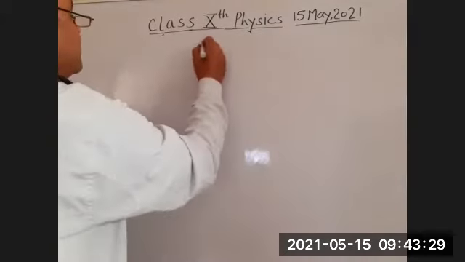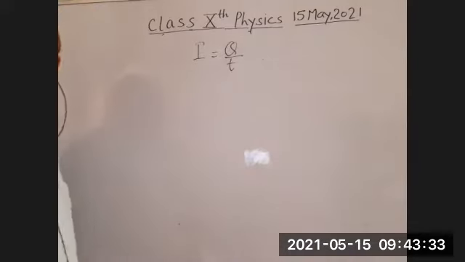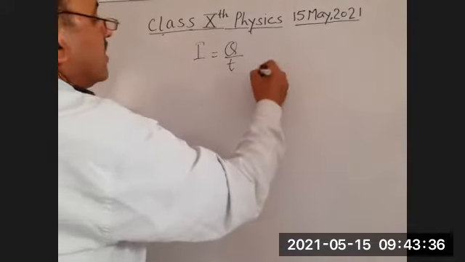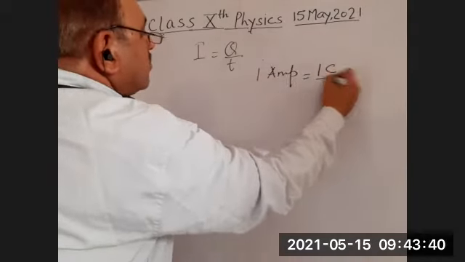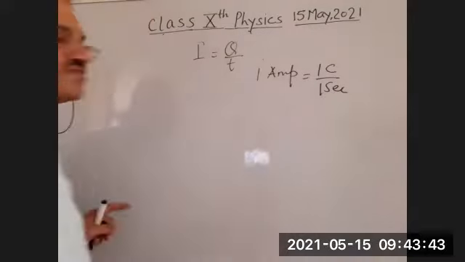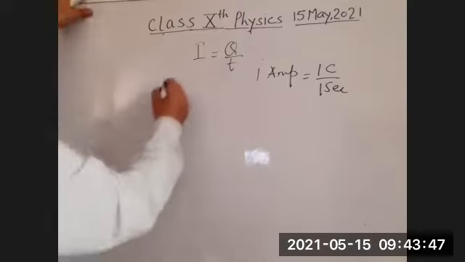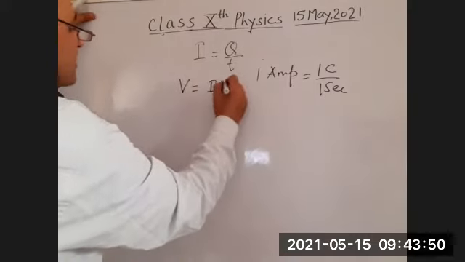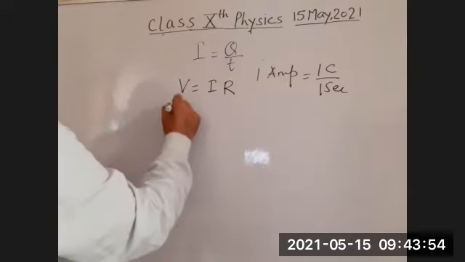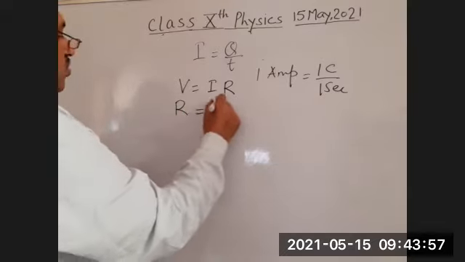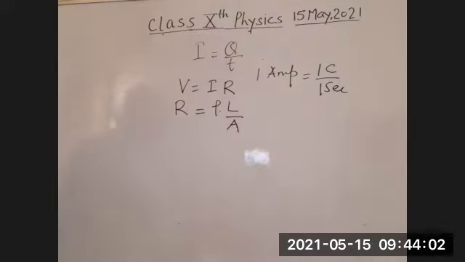First is I is equal to Q by T. Now, 1 ampere is equal to 1 coulomb divided by 1 second. Next was Ohm's law, V is equal to IR. The next was R is equal to rho into L by A. This was also a formula we have studied.